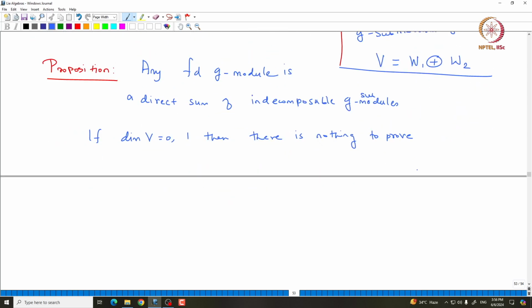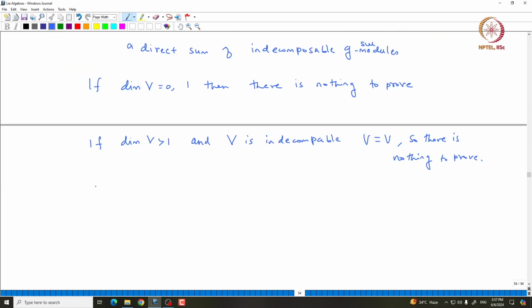If the dimension is more than 1 and V is already indecomposable, then again there is nothing to prove, because V is trivially a direct sum of indecomposables, V equals V. So, one can assume that the dimension of V is more than 1 and V is decomposable.